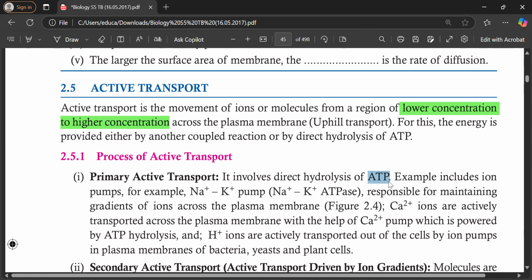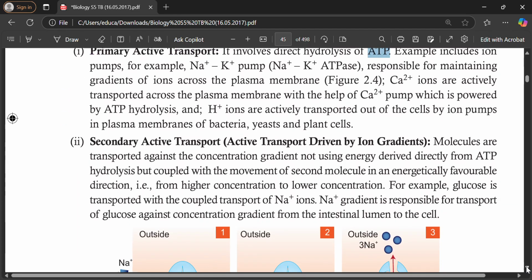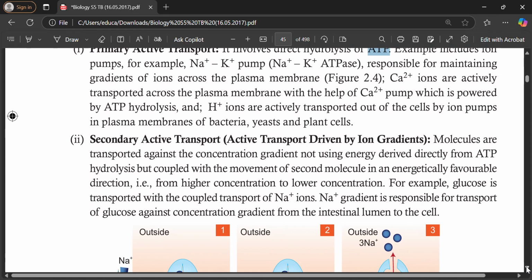Example includes ion pumps, for example sodium potassium pumps are responsible for maintaining gradients of ions across the plasma membrane. Hanyuma ikintu cyo kwifata cya mbere nuko habaho direct hydrolysis of ATP muri primary active transport.